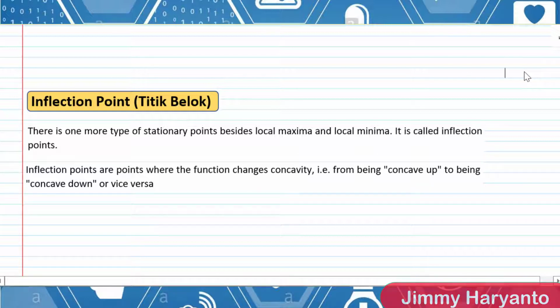So local maxima and local minima mean the change from increasing to decreasing, but the inflection point means the change of the concavity. It changes from concave up to concave down, or from concave down to concave up.